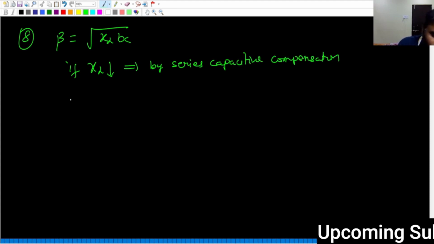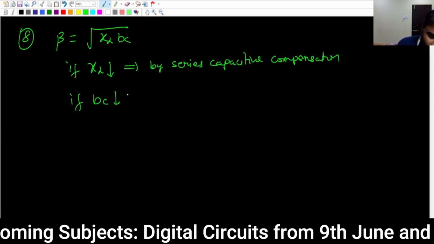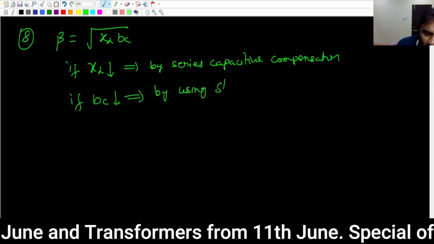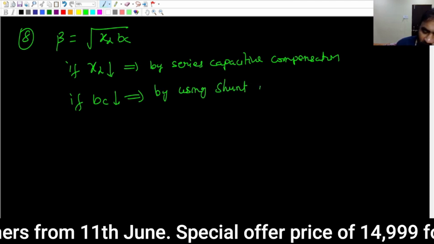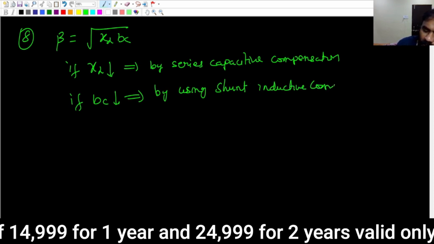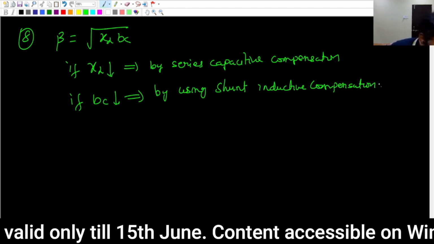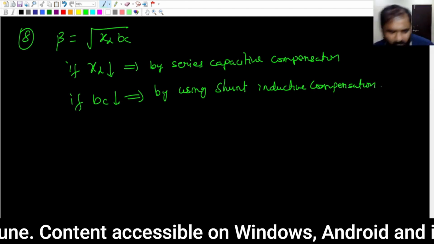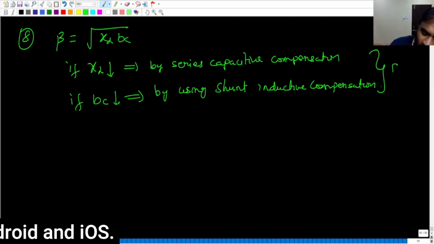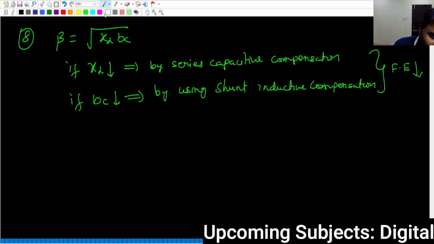Yes, we can use it. If BC is decreasing, how? By using shunt inductive compensation. A shunt inductor decreases the BC, so that we can reduce the Ferranti effect. Okay? Clear? The Ferranti effect decreases. But which is better?